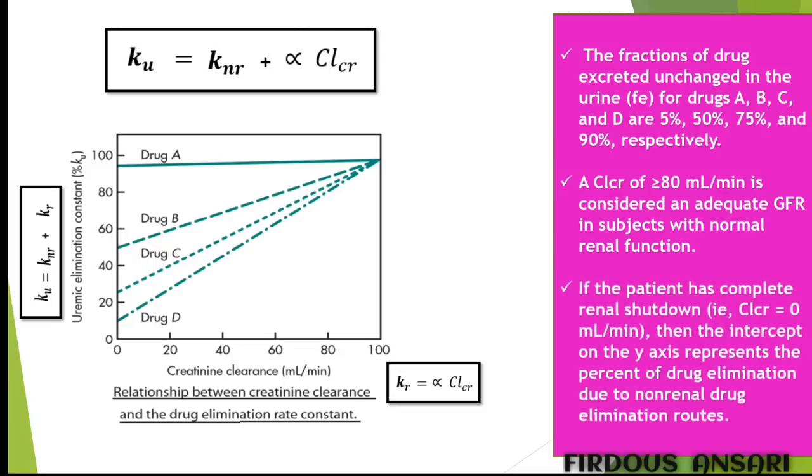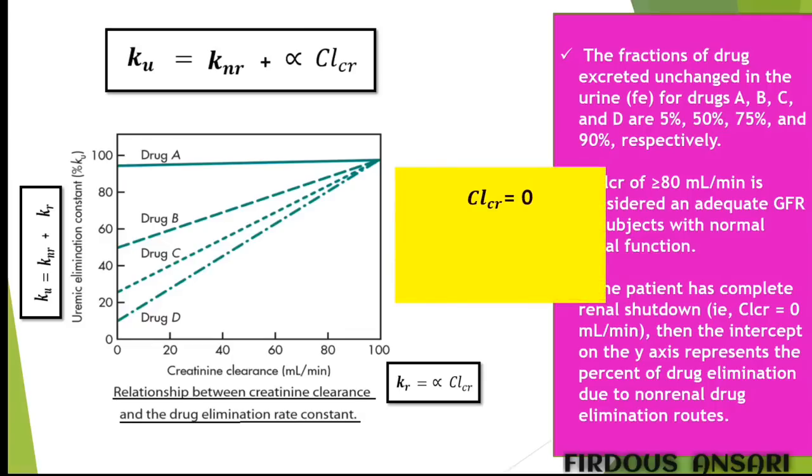Next, if the patient has a complete renal shutdown, that is when the creatinine clearance equals 0 ml per minute, then the intercept on the y-axis represents the percent of drug eliminated by the non-renal route.